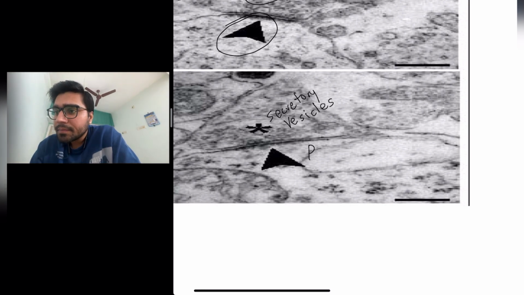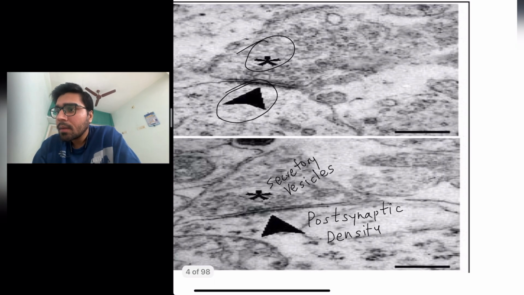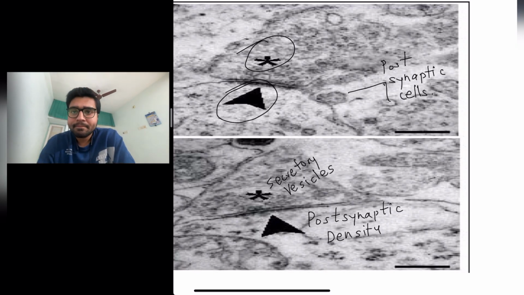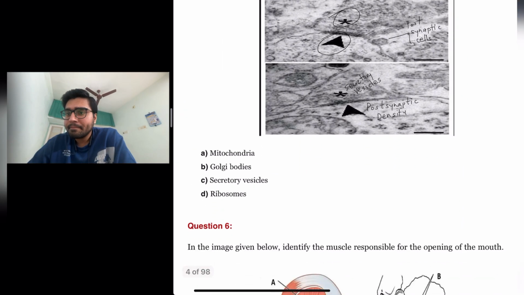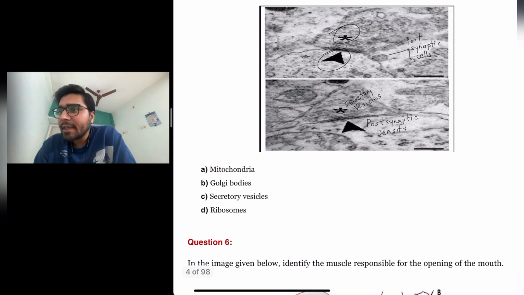This one is postsynaptic density, and these all are postsynaptic cells. So the answer for the asterisk labeling is secretory vesicles.